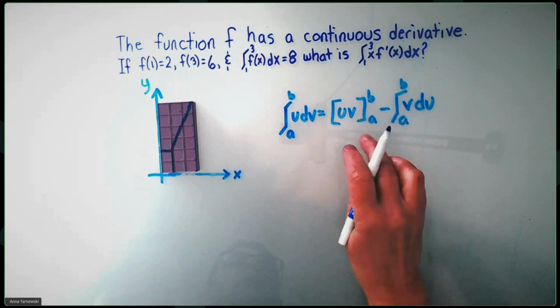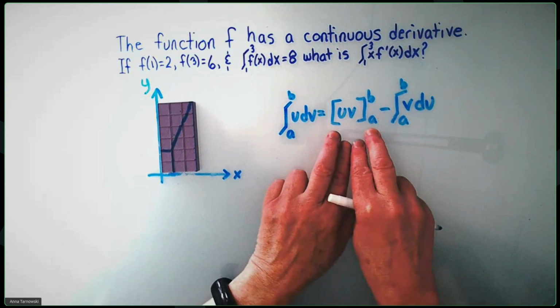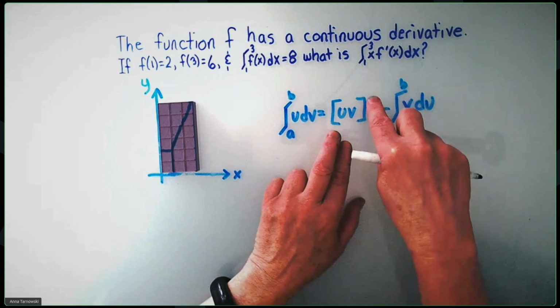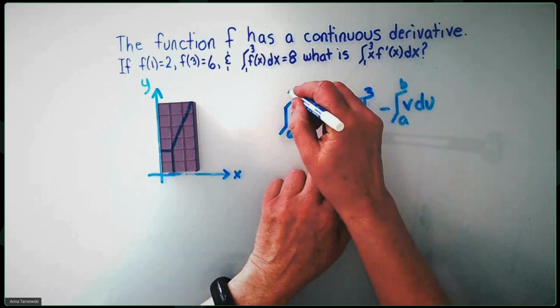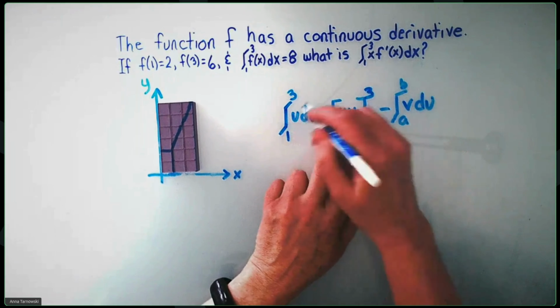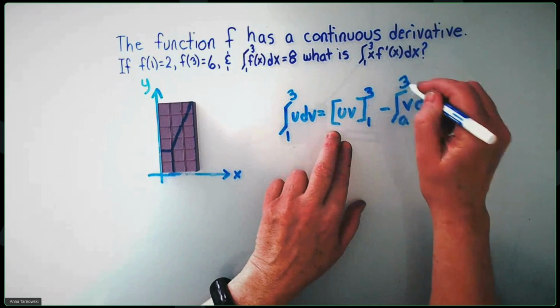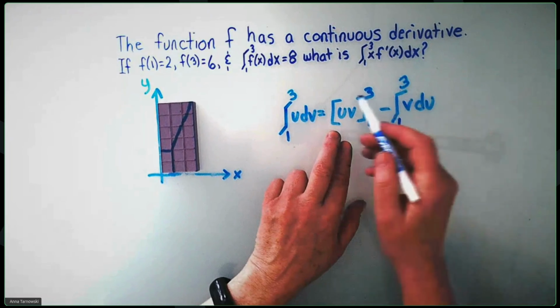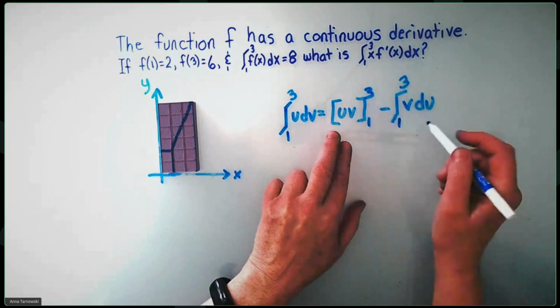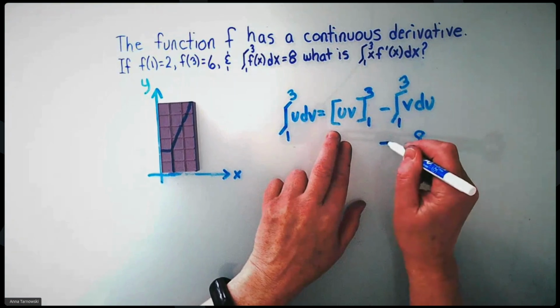Basically, this part here is a big rectangle subtract a small rectangle, because in this case we are between 1 and 3, so this would be a 3, that would be a 1, that would be a 3, and that would be a 1. And this here is just this area here, the 8.